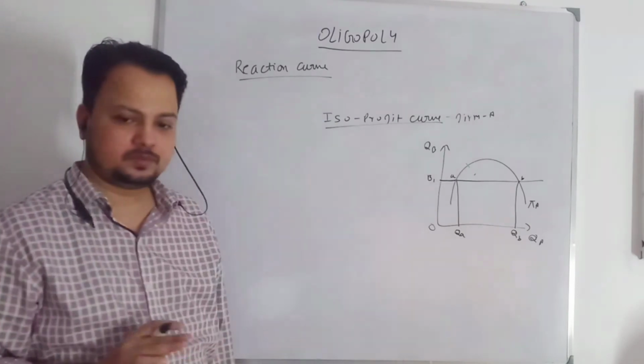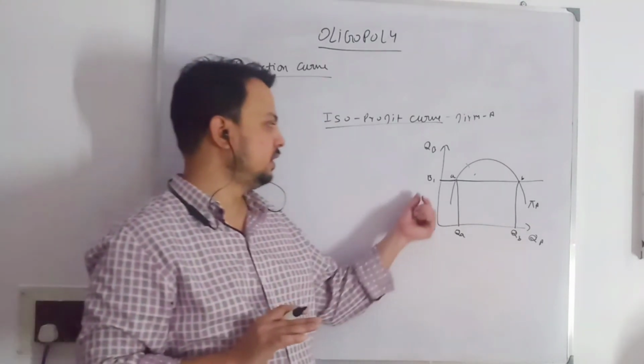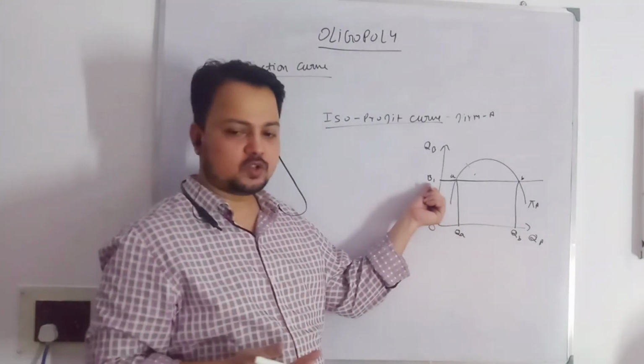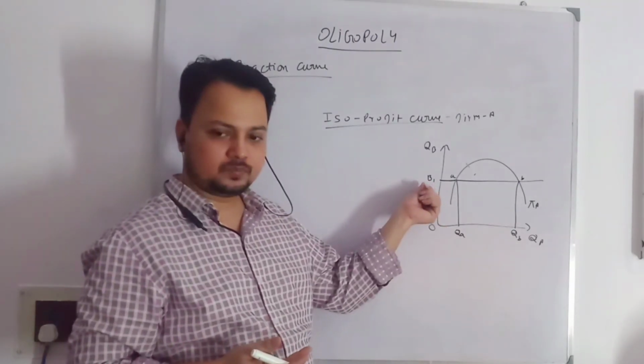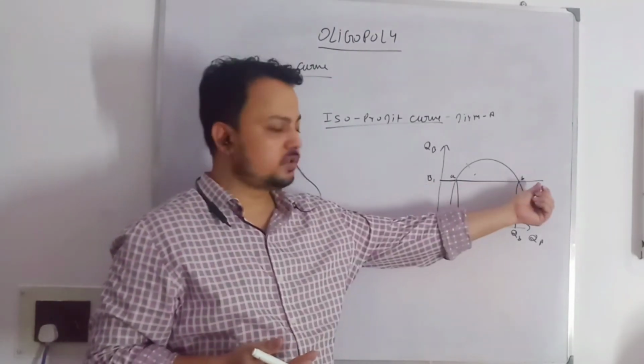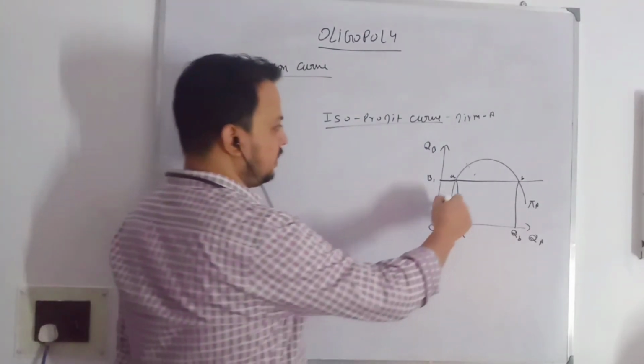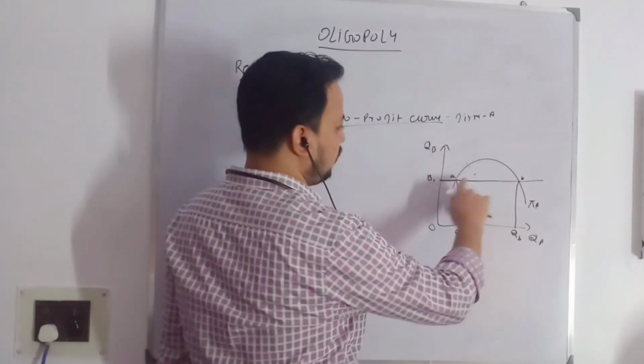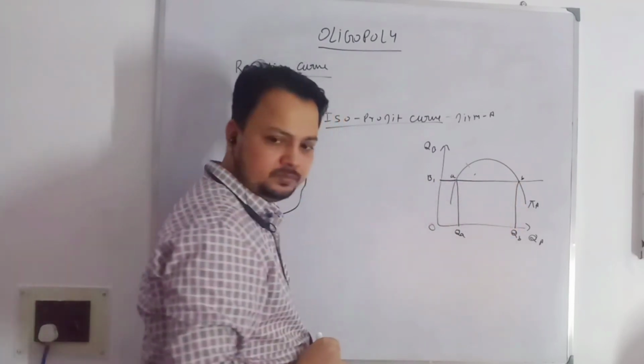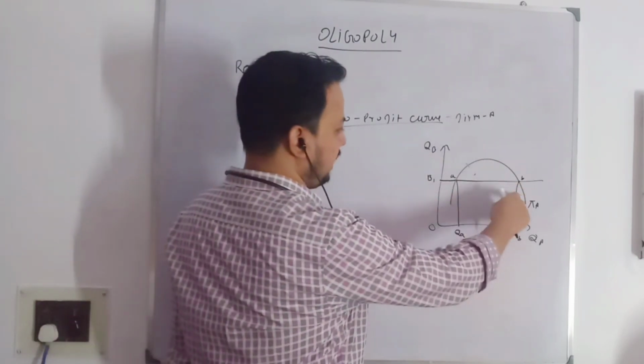I am saying that if firm B decides to produce say OB1 output, draw a horizontal line from this output level. On the isoprofit line you will see there are 2 points of intersection.